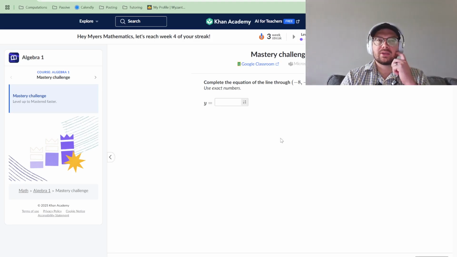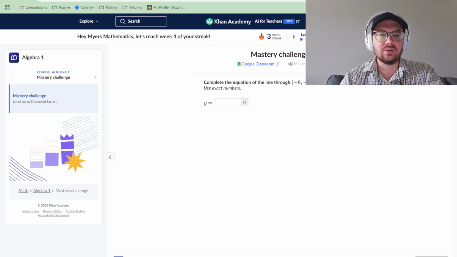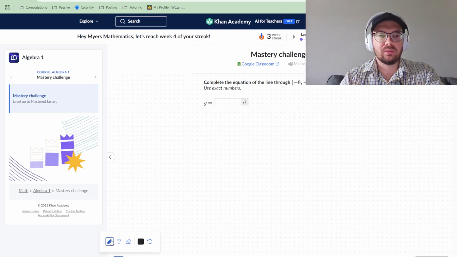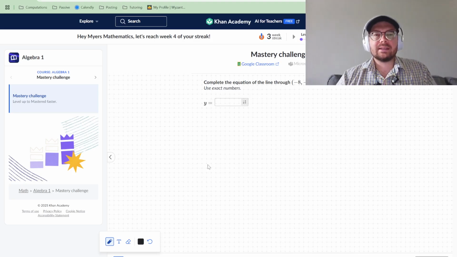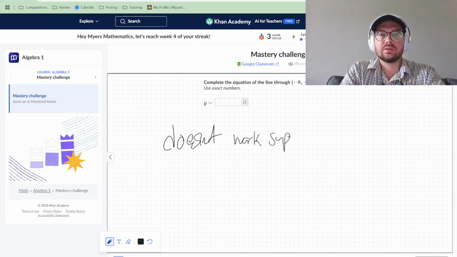But what I'm going to do is minimize this back to where it was and copy them over to the other board. You can use the draw tool on here, but I've noticed that the draw tool doesn't work super well. Let me show you. Yeah, that's not too bad.